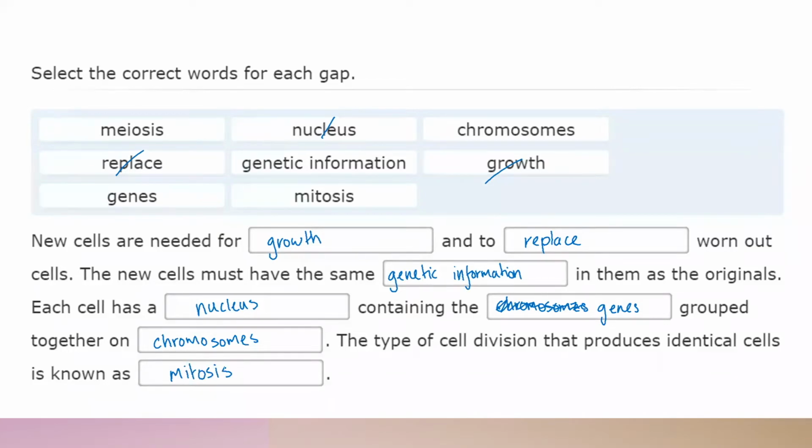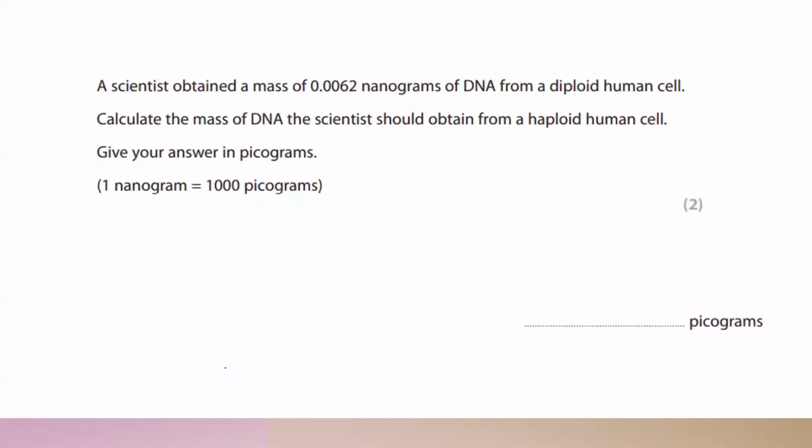Okay, so we know that. So let's go to this one. A scientist obtained a mass of 0.0062 nanograms of DNA from a diploid human cell. Calculate the mass of DNA the scientist should obtain from a haploid human cell. Okay, so this seems more difficult than it really is.